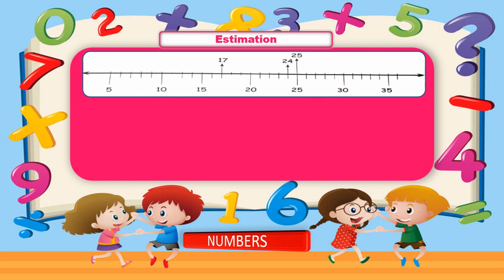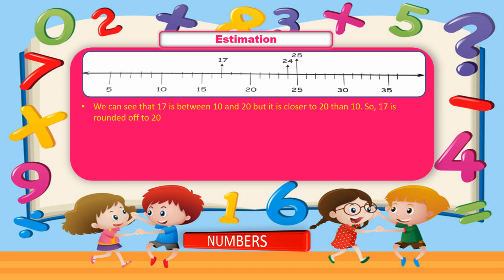In this picture, we have marked the value 17, 24 and 25. Now we can see that 17 is between 10 and 20, but it is closer to 20 than 10.